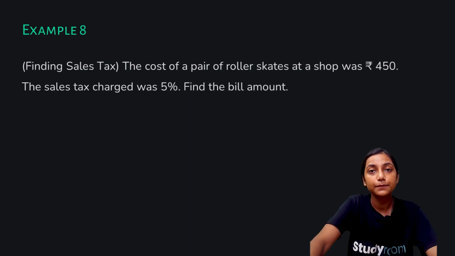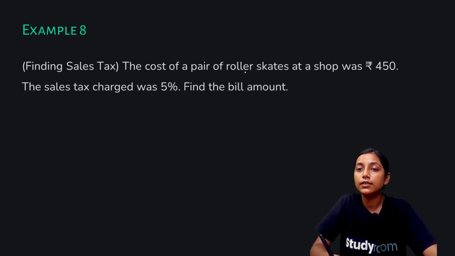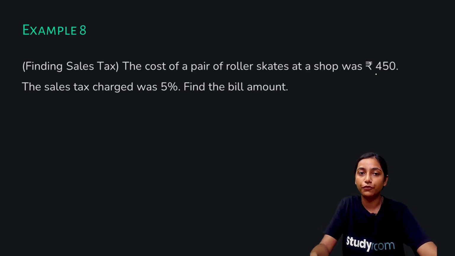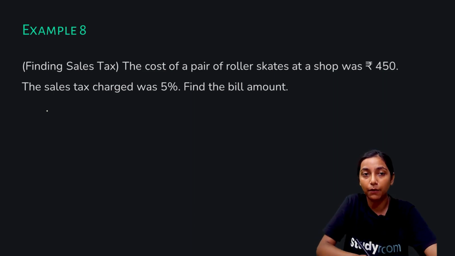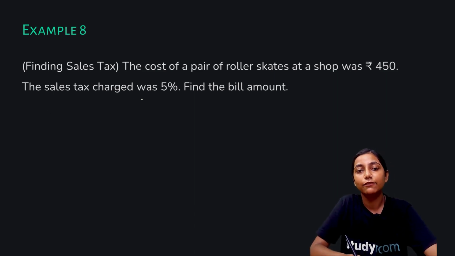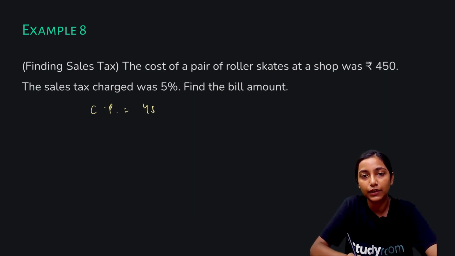We have some examples. Finding sales tax. The cost of a pair of roller skates at a shop was rupees 450. The sales tax charge was 5%. Find the bill amount. We know that the sales tax will be added at the last to the total cost price in the bill. So what is given? That the sales tax charge was 5% and the cost price is given to be 450.